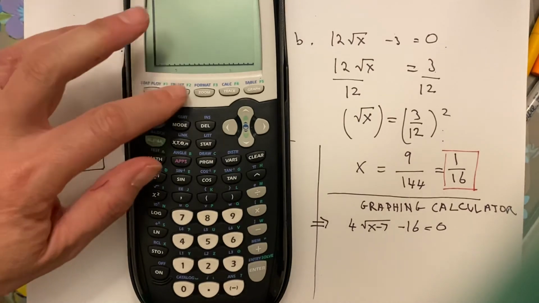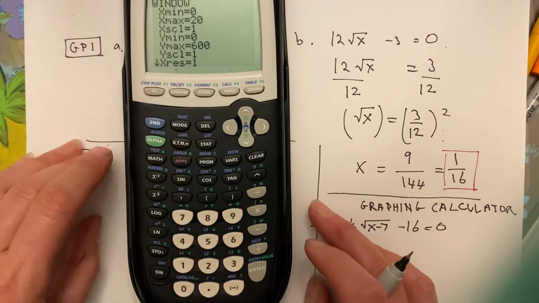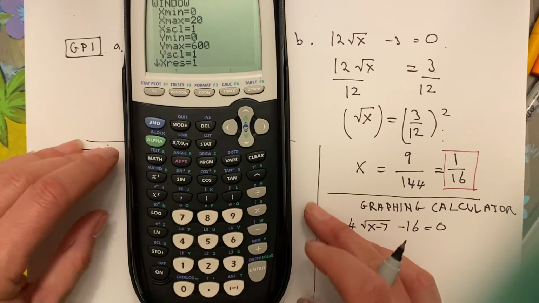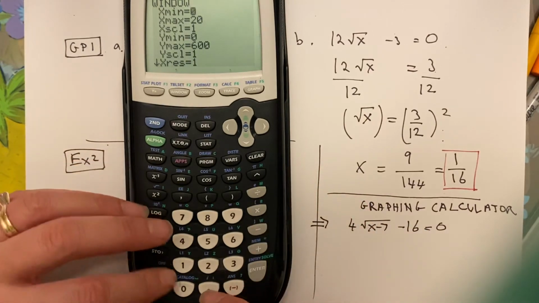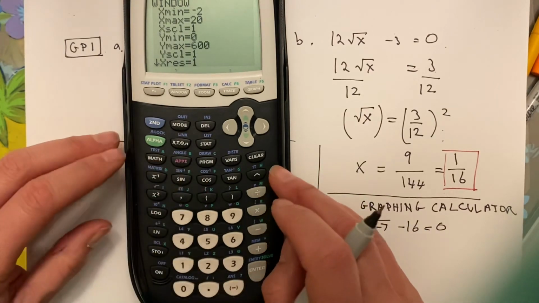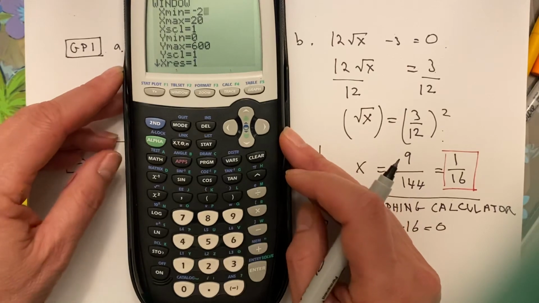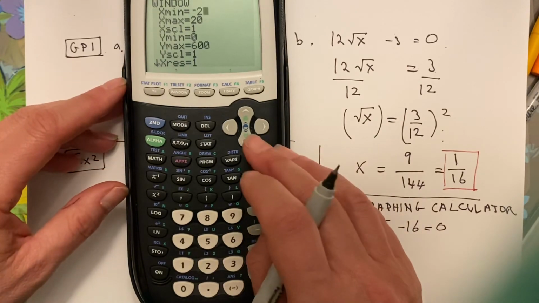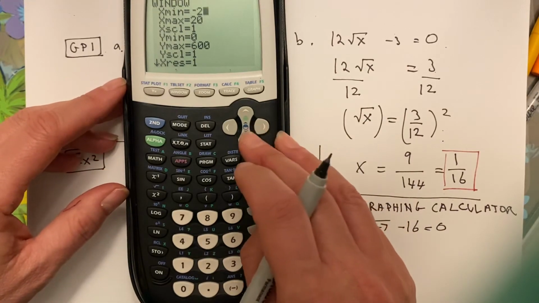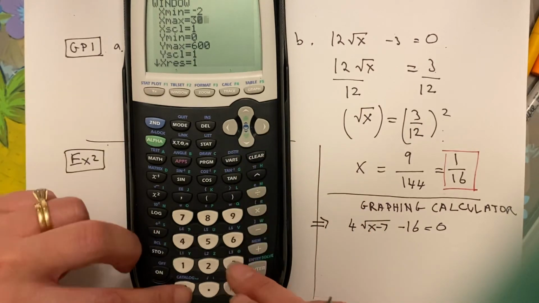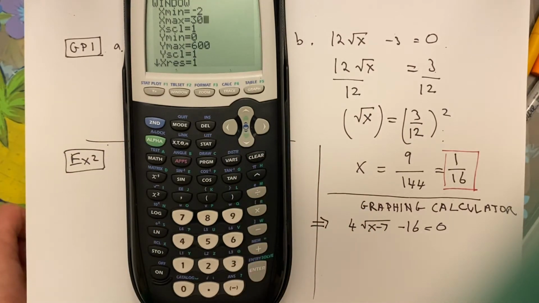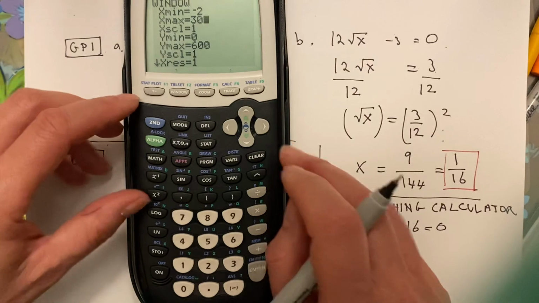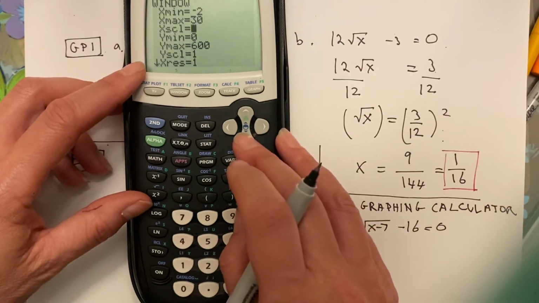So let me look at my window, and I'm going to make my x minimum, let's try minus 2. My x maximum, maybe I'll put it to 30. And let's look at my y.